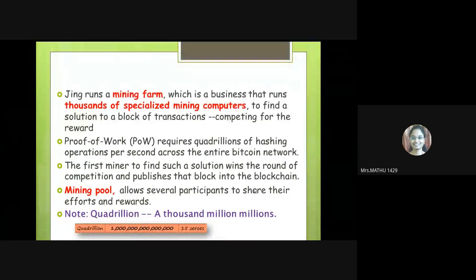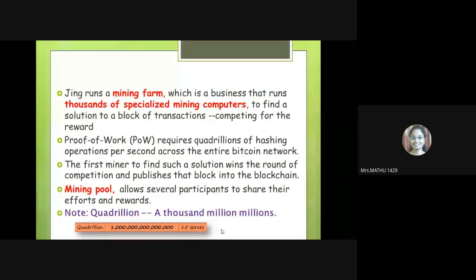So you can see the amount of computation that has to be done for computing one puzzle or one computational problem. Quadrillion is something like 1 followed by 15 zeros, 1,000 million millions. So this much of computational power is required to solve every problem.